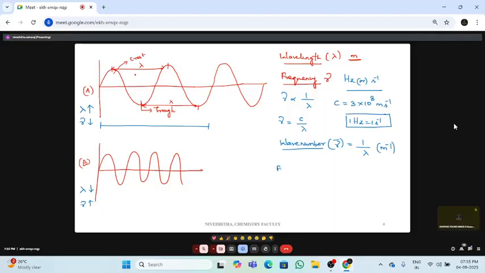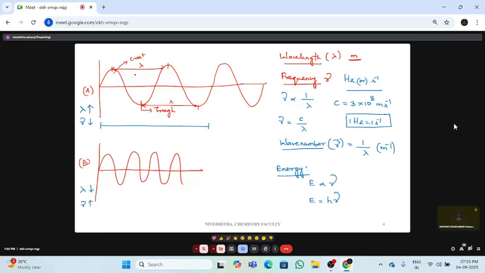And energy. Energy can be represented with the capital letter E, and energy and frequency are directly proportional. I'm going to replace this proportionality symbol with a constant h. E is equal to h nu.